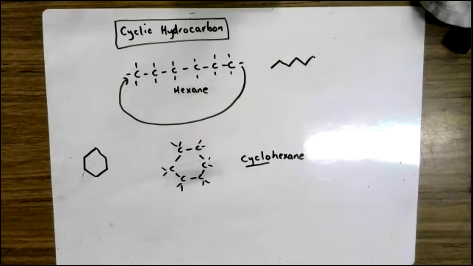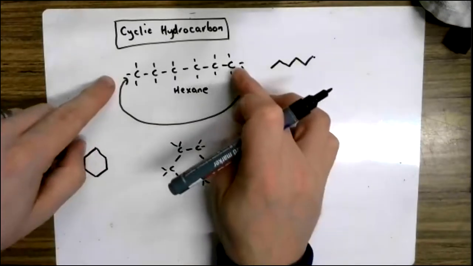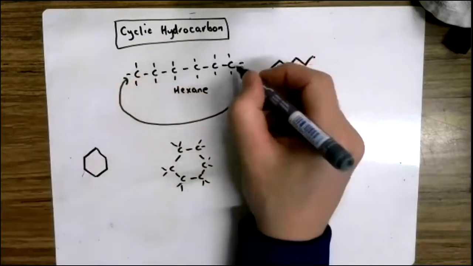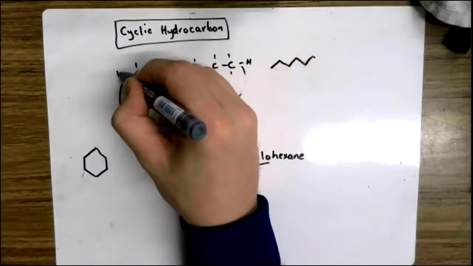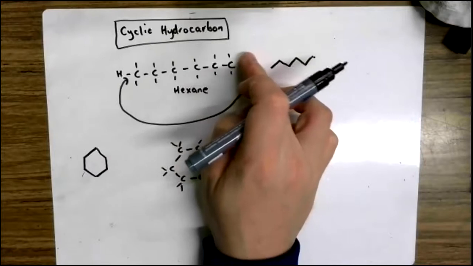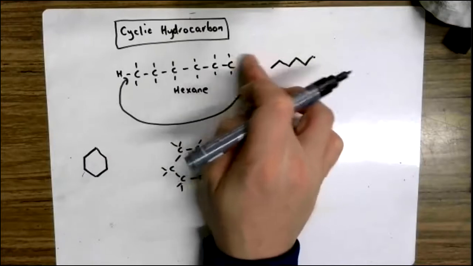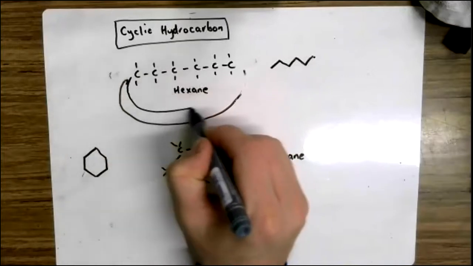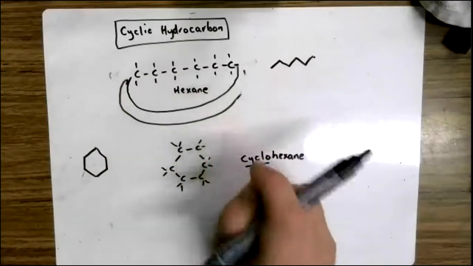Now, hopefully you can see that if I wanted to take this carbon, pull it round and bond it with this carbon, that would mean that the hydrogens on the ends here would need to be removed to make space for these 2 carbons to bond to each other.